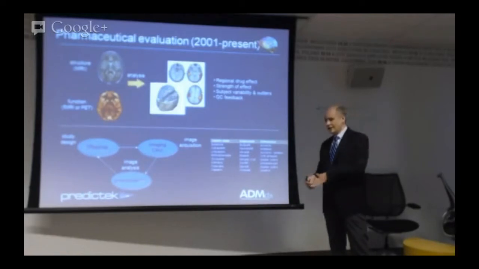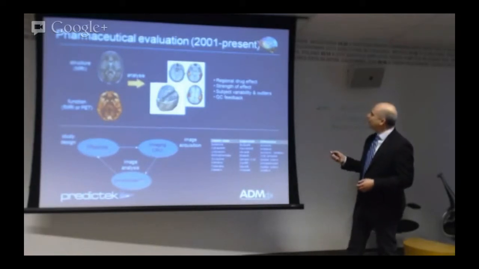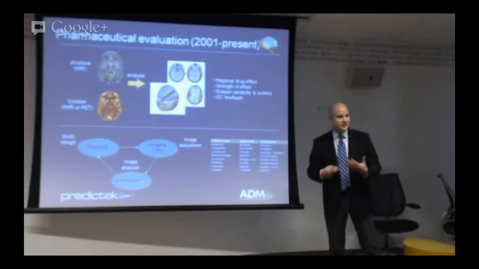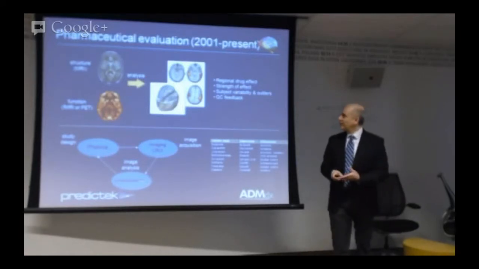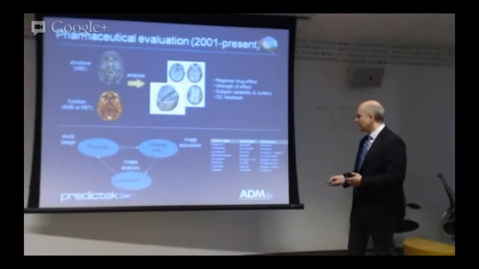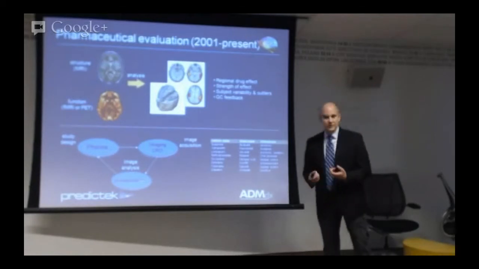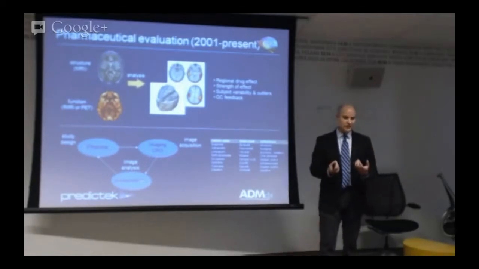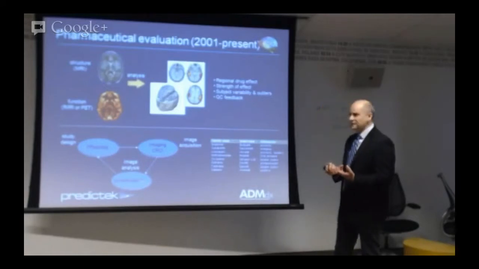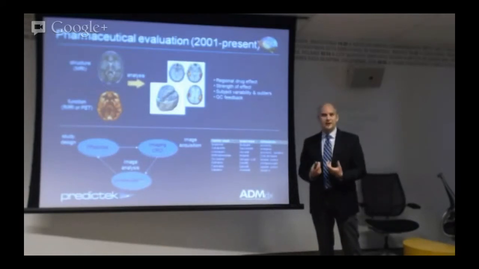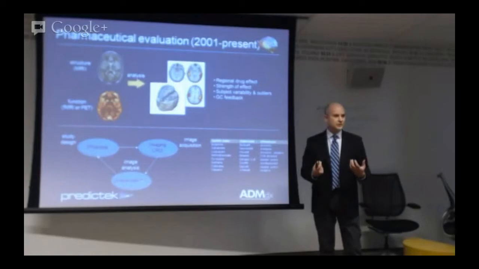Let me back up again to the year 2001, around that time that I started applying machine learning in medical imaging. I started a little company called Predictive, and there what we were doing was using brain scans to provide data analytics services to the pharmaceutical industry.